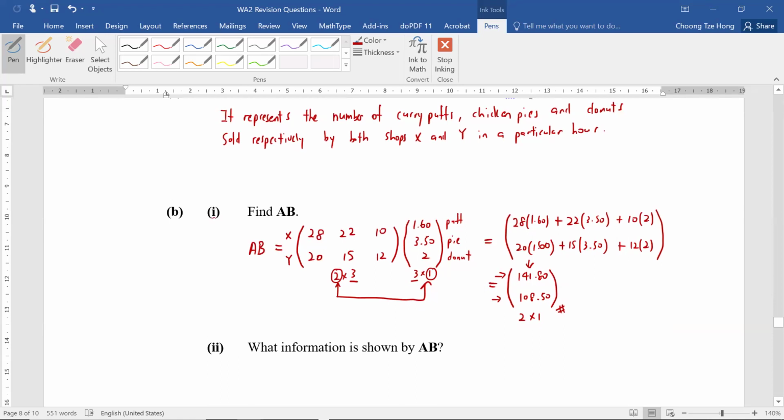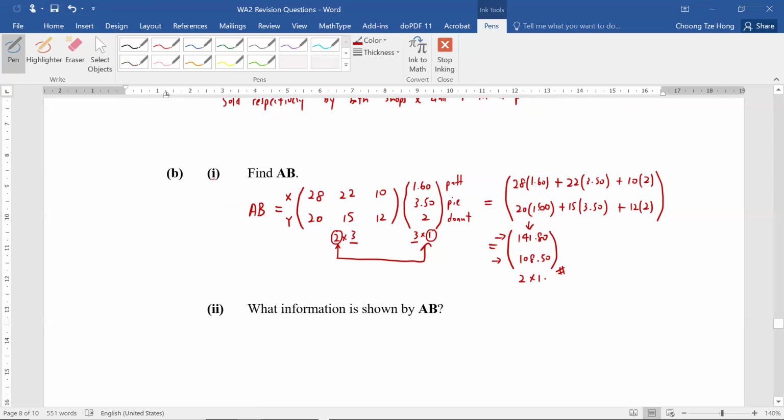What does the 141.80 and 108.50 represent? That's what they're asking in part 2 of the question. It's very important to look through the working. This step is very important. Basically we have taken the number of curry puffs sold by shop X and multiplied by the selling price of the curry puff.